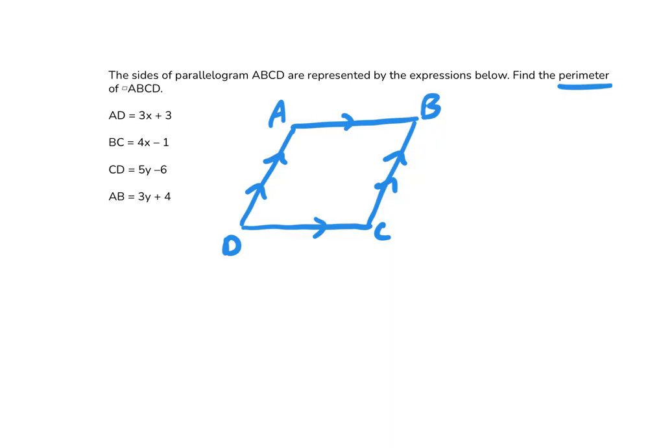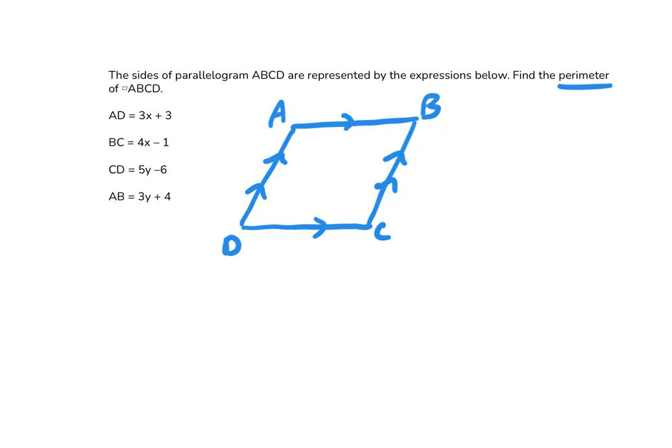Okay, now before we even dive into this, when we are finding the perimeter of a figure, what are we really finding? The outside, the distance around. Okay, so what I need to know is the length of all four sides. Okay, they don't give me any lengths. They give me four expressions that I'm going to have to kind of use somehow to get where we need to be.